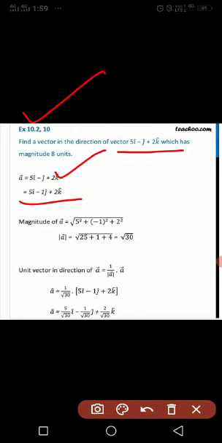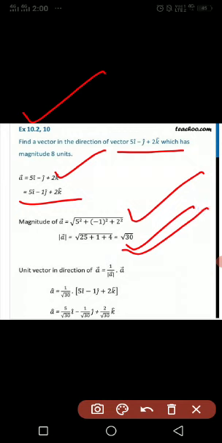With j they have not given anything, that means the coefficient of j is 1. First of all you have to calculate the magnitude. How to calculate the magnitude of a vector? It will be equal to under root of the sum of the squares of the coefficients. So it is 5 square plus minus 1 square plus 2 square. Ultimately when you solve it, you will get the answer under root 30.